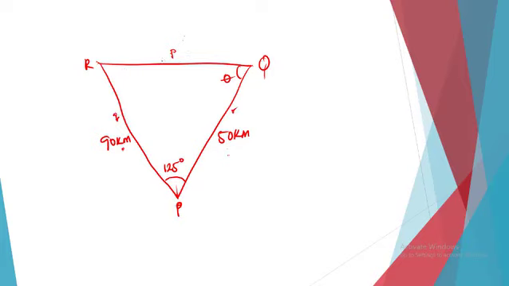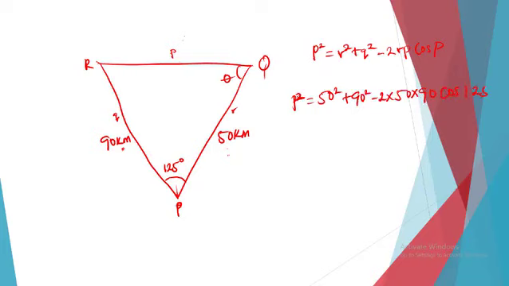To determine the value of small letter P, P squared is equal to R squared plus Q squared, remember, minus 2 times RP, then cos angle at P, cos P. That will give us P squared equal to 50 squared plus Q squared, which is 90 squared, minus 2 times 50 times 90 cos 125 degrees.